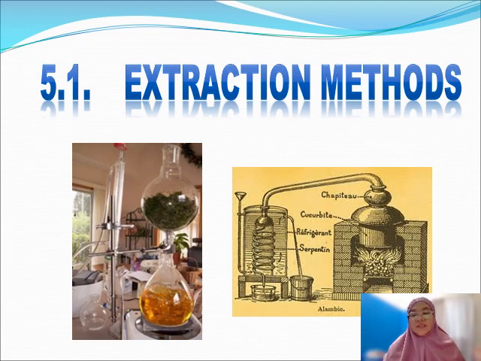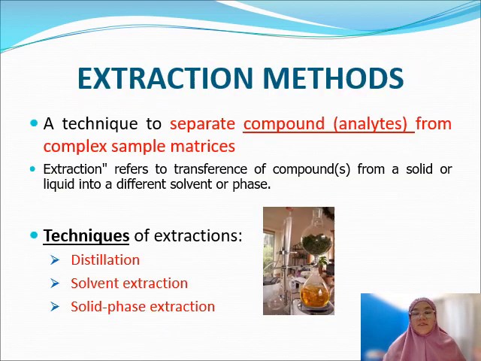from our biological activity. To do the biochemical analysis, the first technique is that we have to do the extraction method. So what is the extraction method? Extraction method is a technique to separate the compounds from complex matrices, or also known as transferring the compounds from a solid, which represents the organisms such as plant or animal tissues.